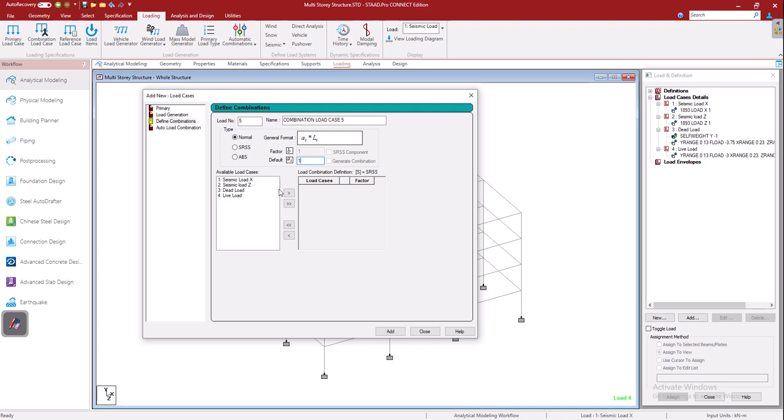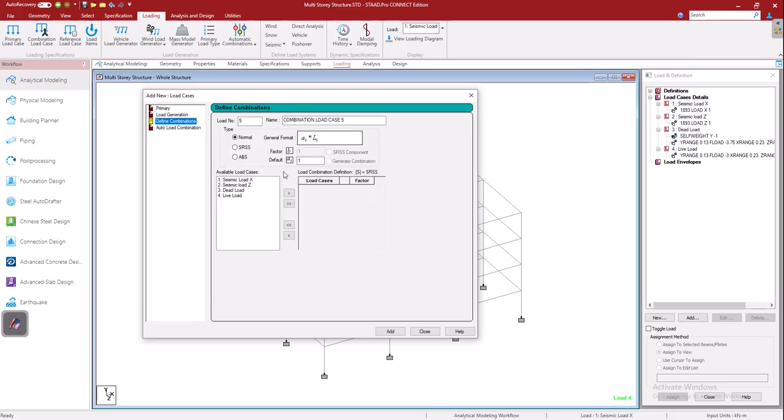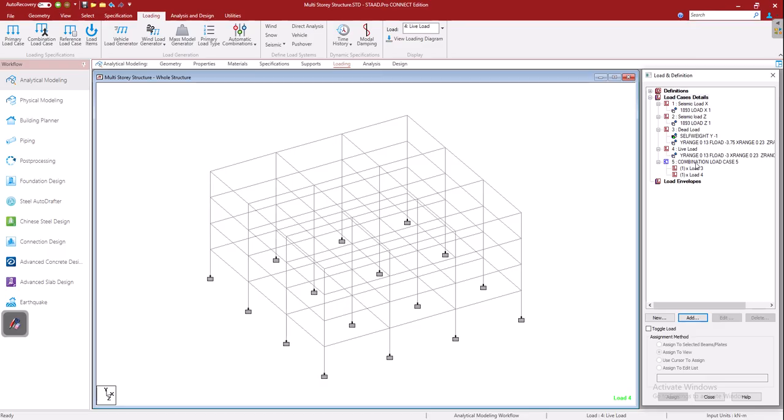So you can refer to IS code table number 18, or else define this one: I am going to take this dead load and live load, so the factor is 1. I will just add it. So now the combinations of the load cases are this one. Now I have completed the modeling and assigned all the loads on the structure.